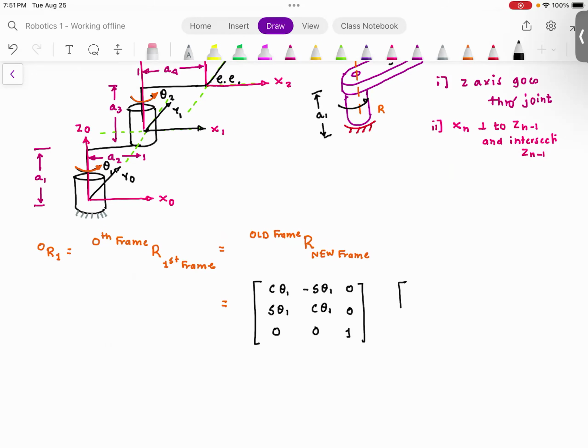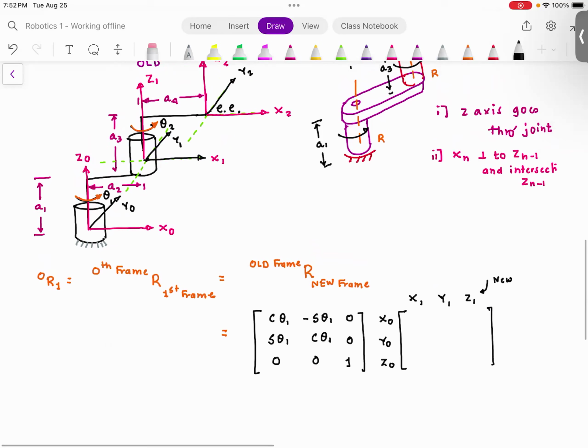And remember, the projection matrix is the projection of the new frame onto the old frame. So the new frame is x1, y1, z1. This is the new frame. And the old frame is x0, y0, z0.